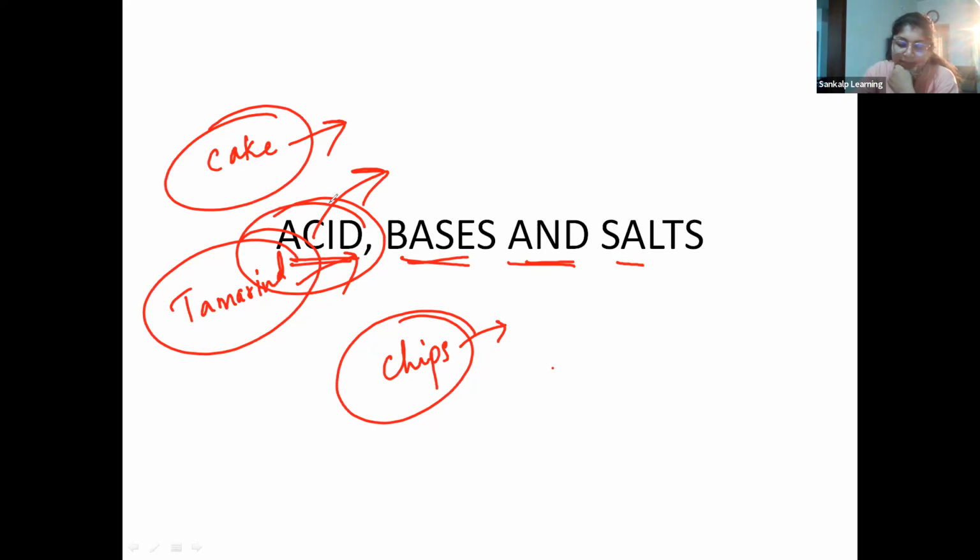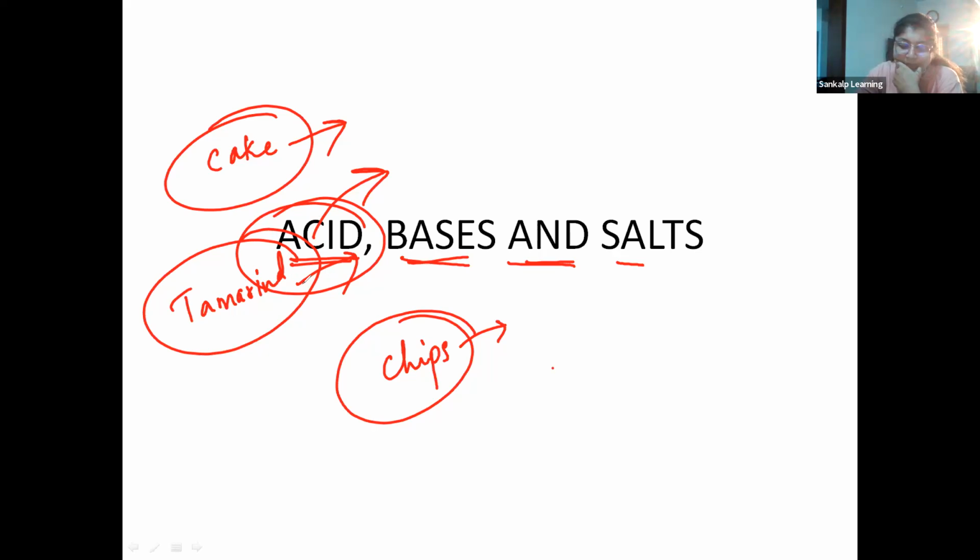For example, curd has lactic acid. Then lemon juice and orange juice have citric acid, and vinegar has acetic acid. Because of the sour taste, these are classified as acids. So the substances which taste sour are called acids.